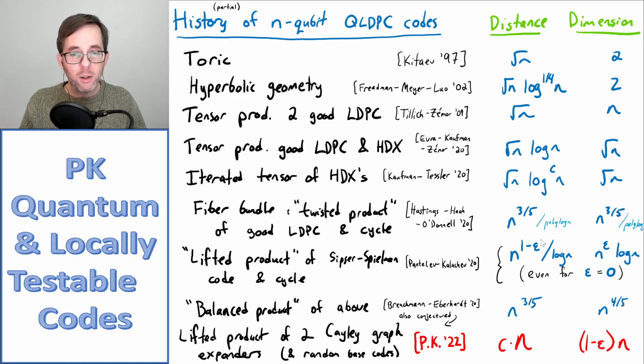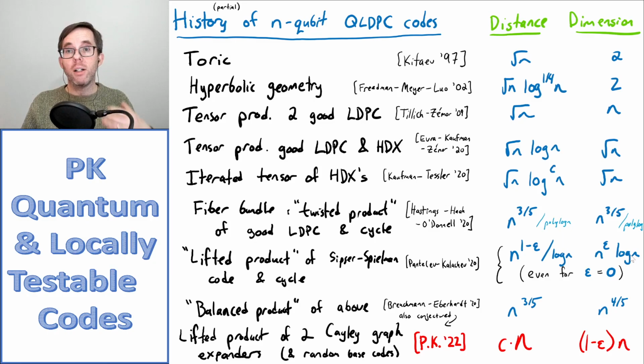Okay, so maybe it doesn't seem like a big deal, but the trade-off that's here. Panteleev and Kalachev in 2020 took some kind of lifted product of a Sipser-Spielman base code and a cycle graph. They achieved distance n to the (1 minus epsilon) over 2 over log n, and dimension n to the epsilon times log n for any epsilon between 0 and 1, including epsilon equals 0, which in particular meant distance n over log n and dimension log n.